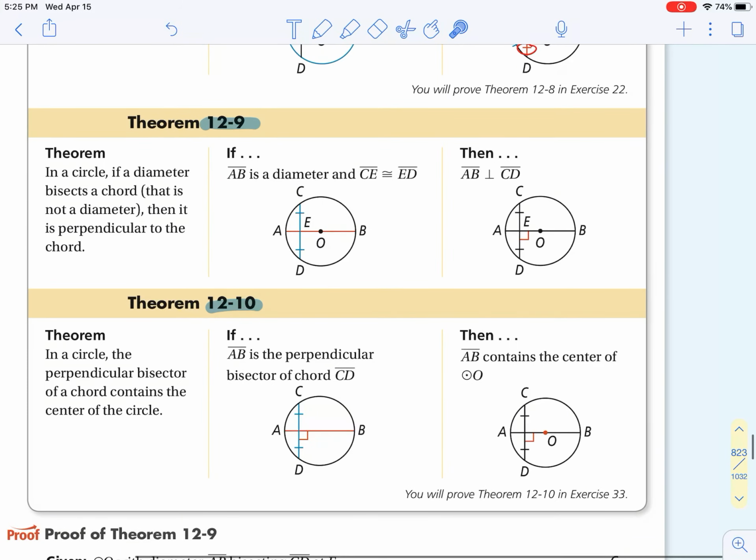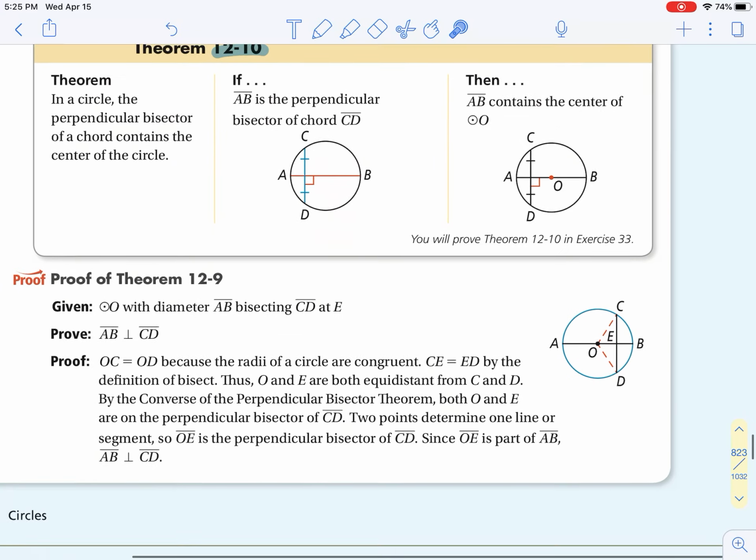In this particular case it is not marked, and AB goes all the way across. We ask ourselves, is that the center? We don't know. However, we would know, knowing that we have a perpendicular bisector. Perpendicular means 90-degree angles, and those two segments are equal to each other.